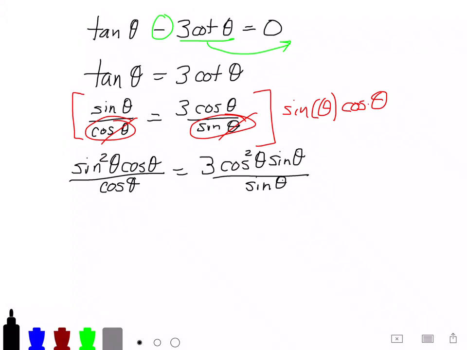And as I said, these guys are going to cancel. So I'm left with the sine squared of theta is equal to 3 times the cosine squared of theta.